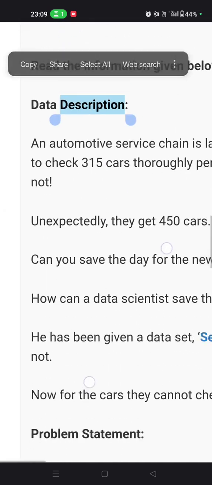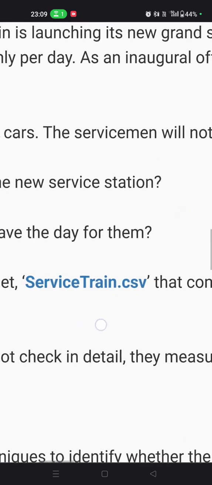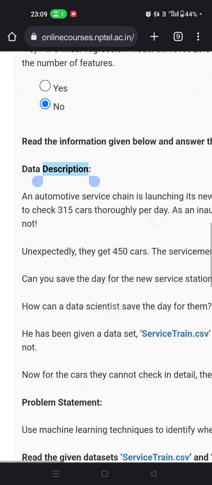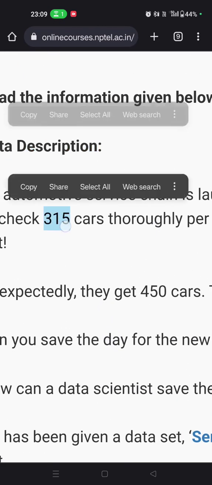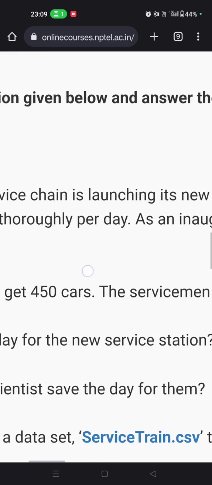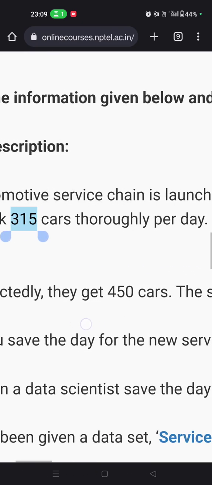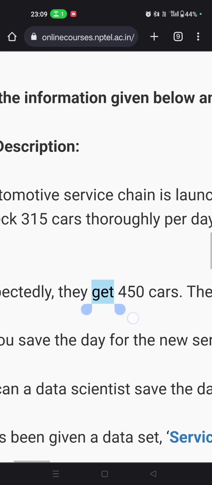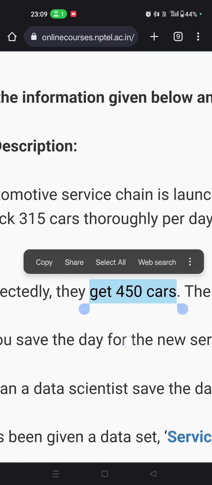Also, he has given one data set, you have to go there. Here a total of 315 cars come per day, but unexpectedly he is getting 450 cars. So this is a problem.